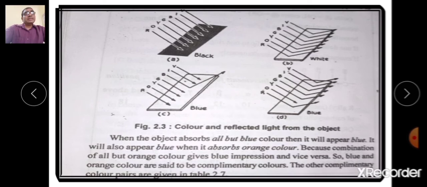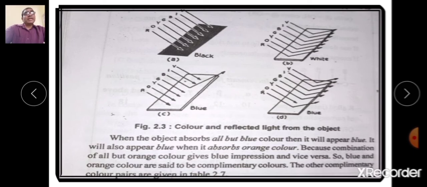And thus, if instead of blue, yellow color is reflected and all other light is absorbed, then the compound appears yellow. Thus the color of the substance is the light which is reflected towards our eye.